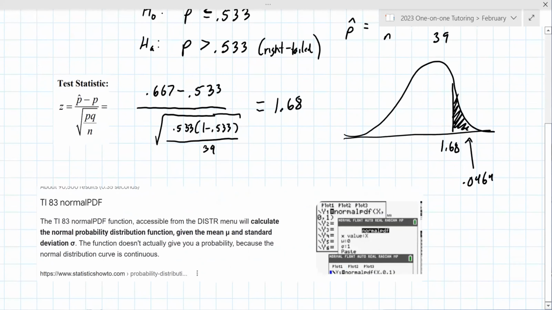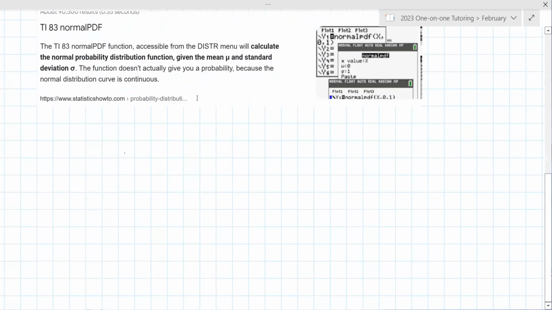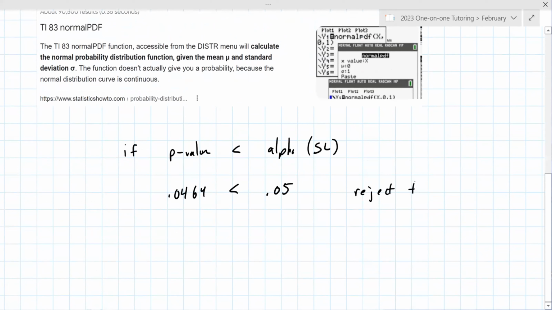The simple answer is, if the p-value is less than alpha, the significance level, they call it SL in this problem, and your p-value is 0.0464, which is less than 0.05, you reject the null hypothesis.